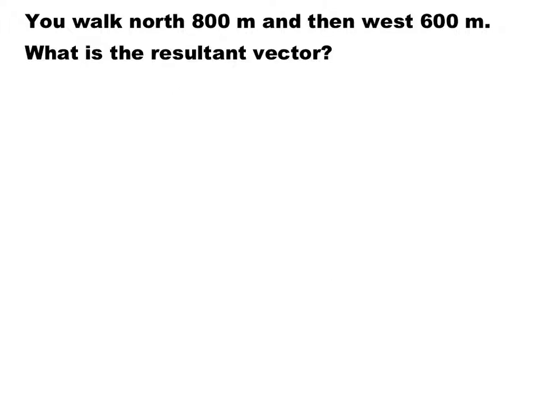Now let us solve the same problem using the components method. We know that the first part of the journey is north 800 meters. So again, this is 800 meters going north, and then going west 600 meters, and we have to find the resultant.